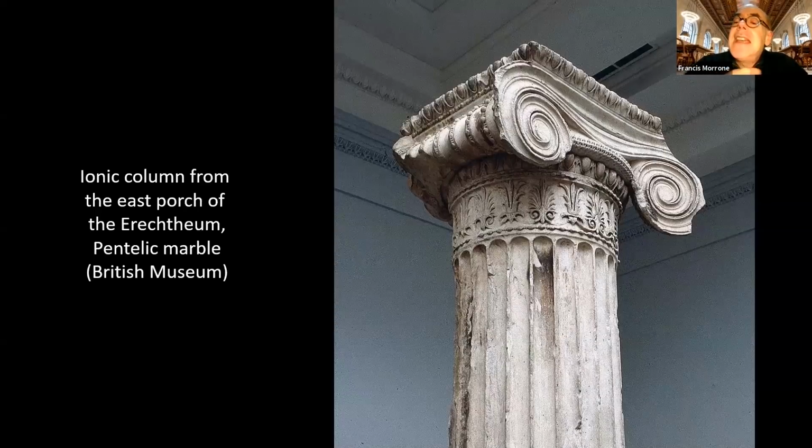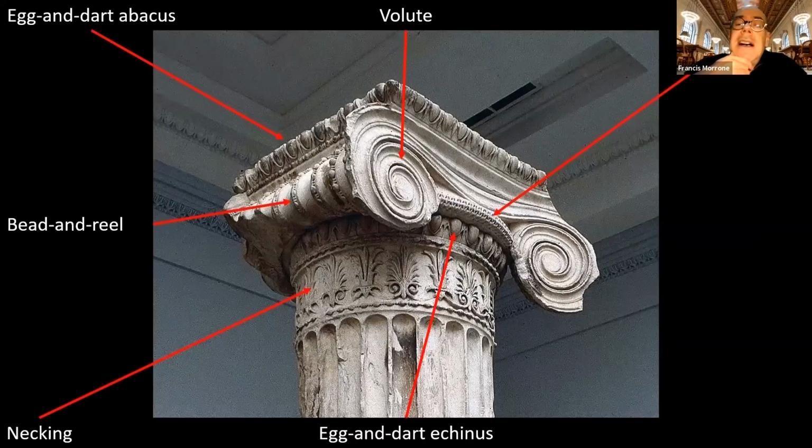And you see how distinctive this is, all the detail. You see, for example, that the abacus is ornamented with an egg and dart molding. You see the volutes, as we call them, of the capital, the sort of scrolled wheels. And you see how precise and tight the channeling of those volutes is.